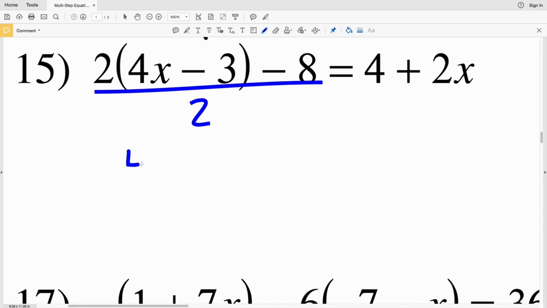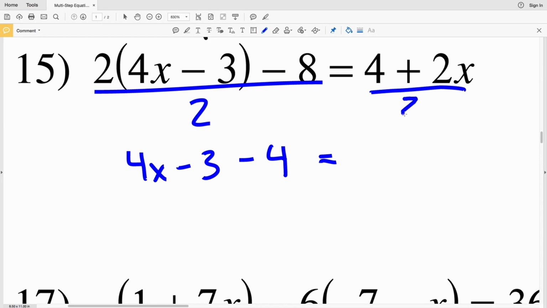Doing that, I'll be left with 4x minus 3, and then I have to divide this 8 by 2, since I'm dividing the entire left-hand side by 2. So that'll be minus 4, and then dividing the right-hand side by 2, I'll have 2 plus 1x, which is x.